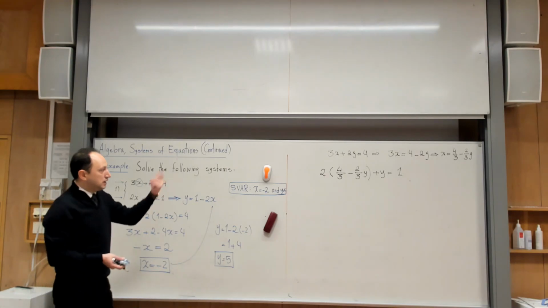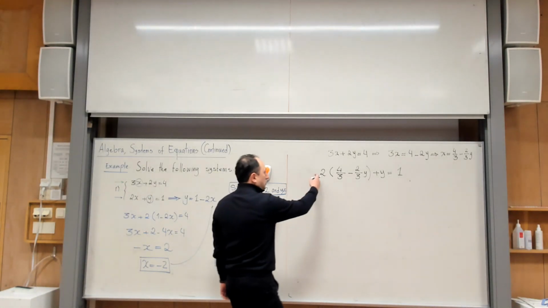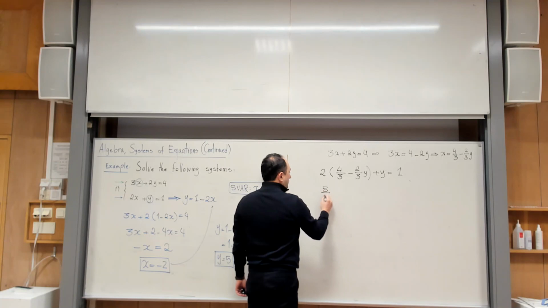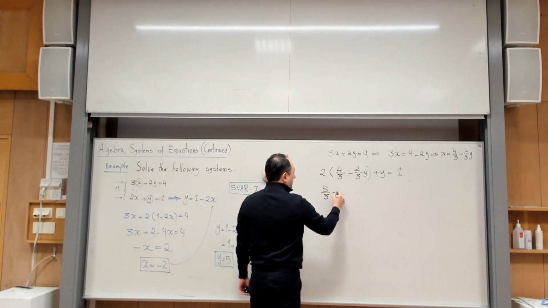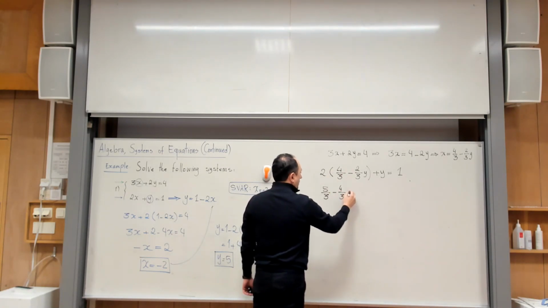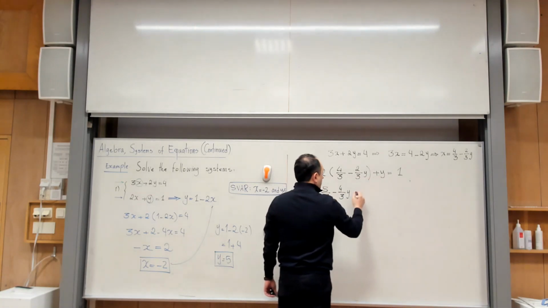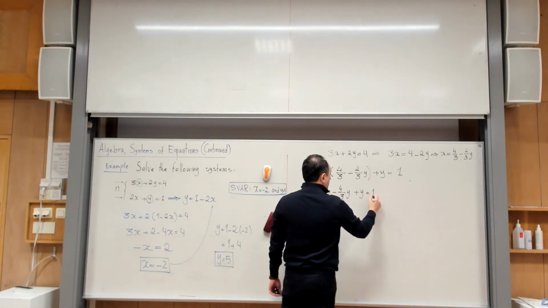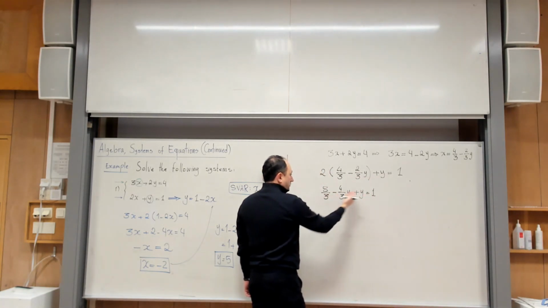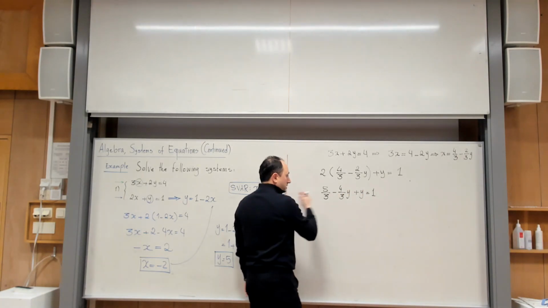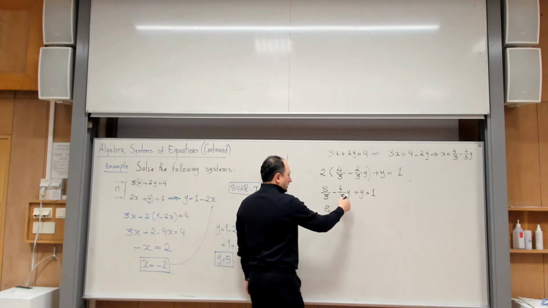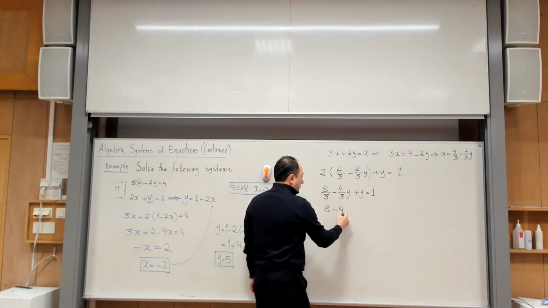Okay, so now let us solve the problem. I have to multiply this, it becomes 8 over 3. I multiply that, it becomes minus 4 over 3y. And then I have a y alone here equals 1. Then I want to get rid of fractions if possible, so I rescale it by 3. I multiply this by 3, it becomes 8. I multiply this by 3, it becomes 4y.